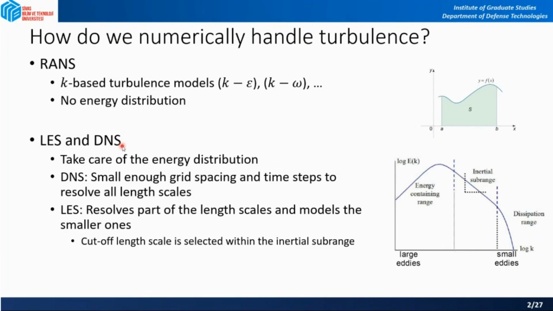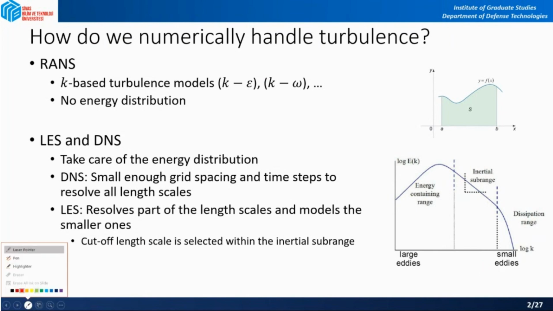On the other hand, you have the large eddy simulation, or LES, that literally selects a cutoff length scale. There is a cutoff length scale somewhere in the inertial subrange that you see here. Within the inertial subrange, you will stop the simulation, and then the LES grid will be fine enough to resolve all the eddy sizes that are larger than the cutoff length scale.